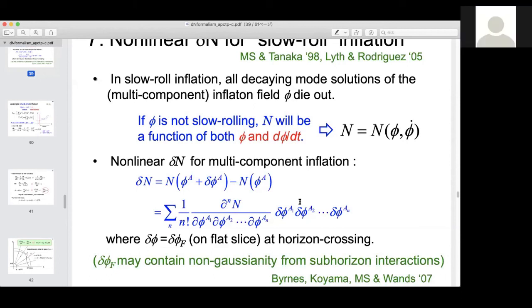Yeah, in stochastic inflation, the field value evolves according to some stochastic differential equation, which includes random terms. And what I'm saying is that you must have some delta phi in the beginning, no? They don't take delta phi, they just assume some specific value.